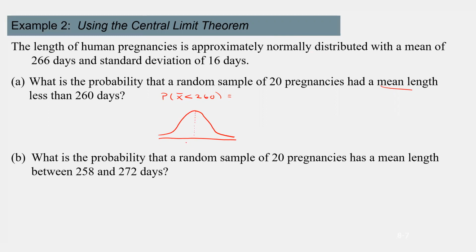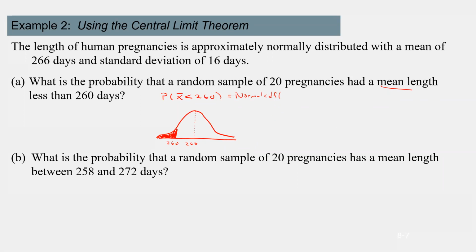Well, you should be at 266. I want to be less than 260. I'm now shading to the left. So I'm going to use my normal CDF. What's my lower value here for this?